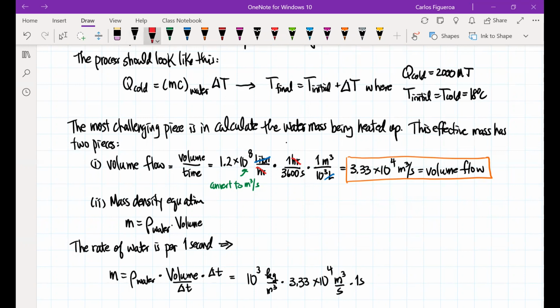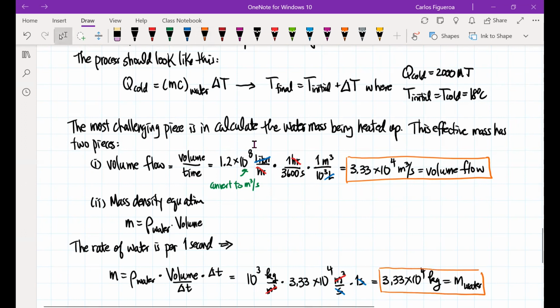The meters cancel out, and the seconds cancel. When you compute this, you get a mass of 3.33 times 10 to the 4 kilograms. That's the amount of mass of water. If you convert this into pounds, that's 75,000 pounds.